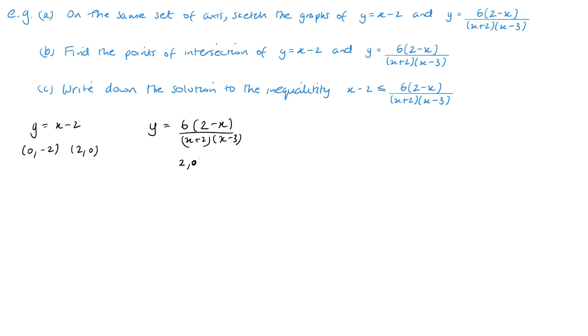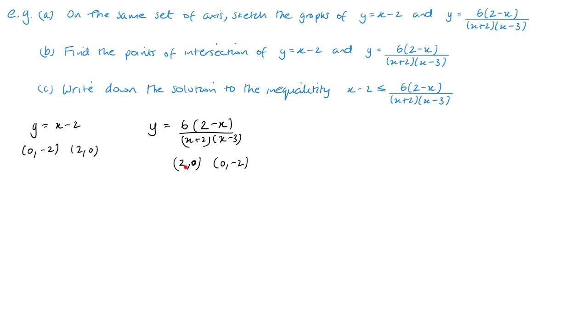So y is 0, and it's going to cross the x-axis at 2, 0. Now it's going to cross the y-axis at 0. So we put 0 in for x and we get 12 on the top and 2 times minus 3 on the bottom. So we've got 12 over minus 6, so that's going to cross at minus 2.